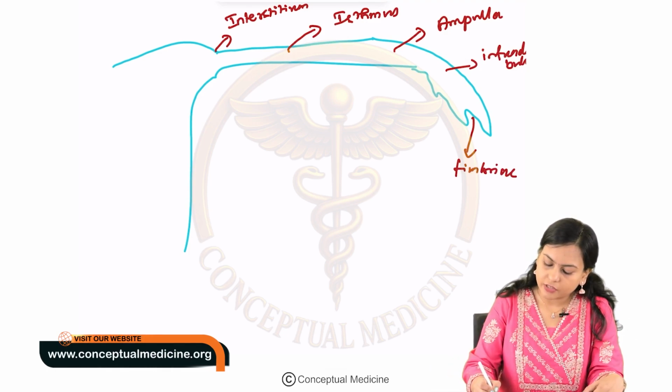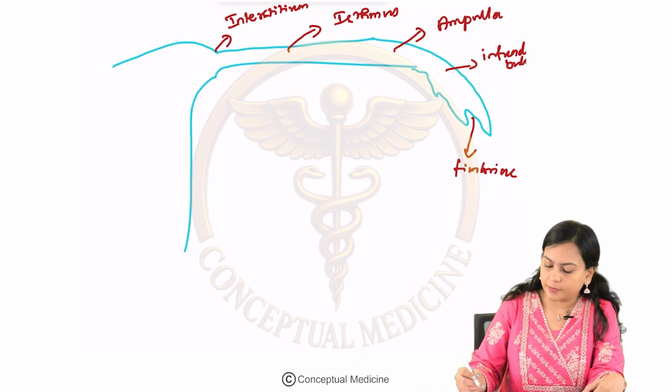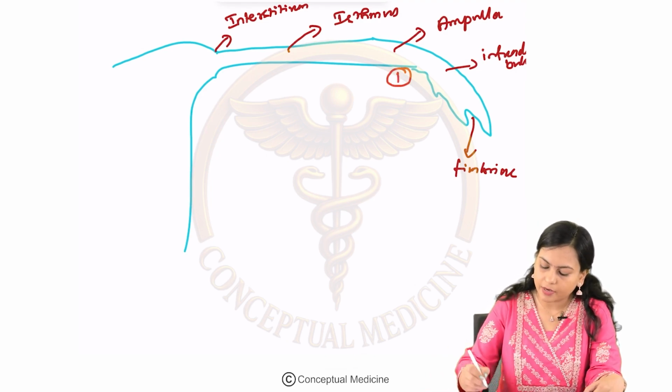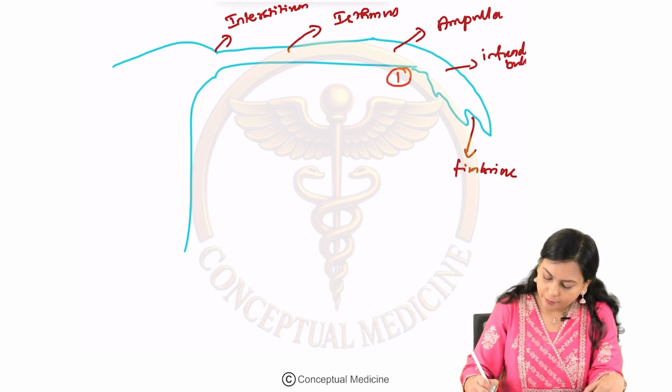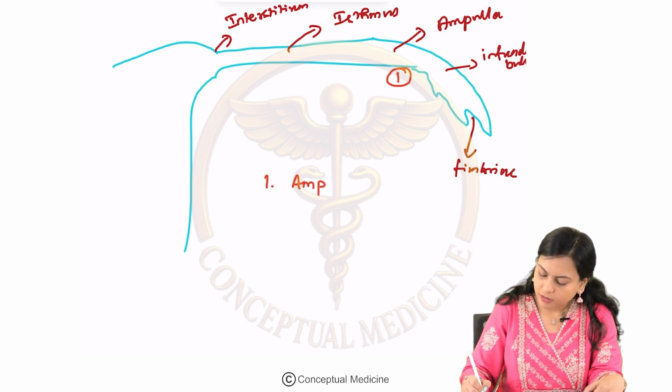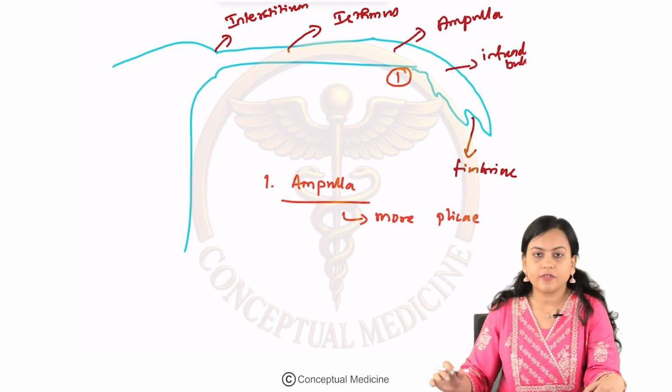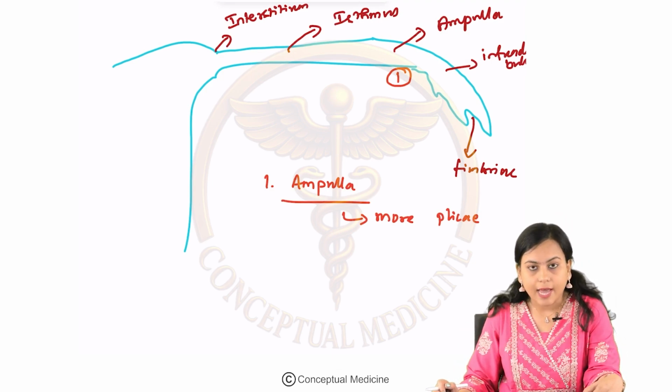Among these, the most common site of ectopic pregnancy is the ampulla. Clear? Ampulla takes the first place because in the ampulla you have more plicae, and that favors implantation of the blastocyst in the ampulla itself.